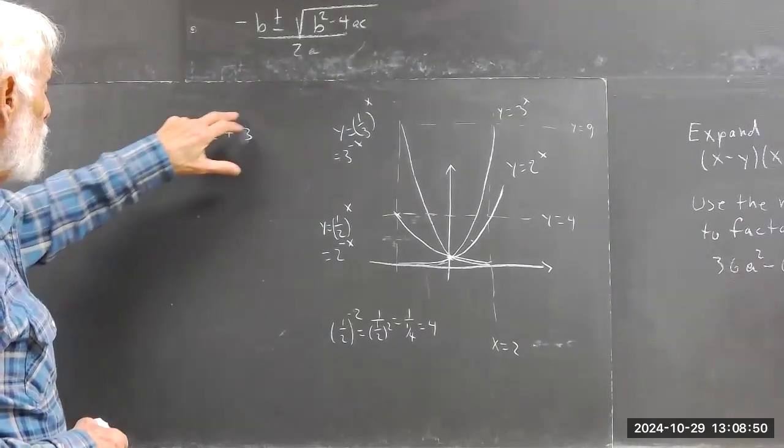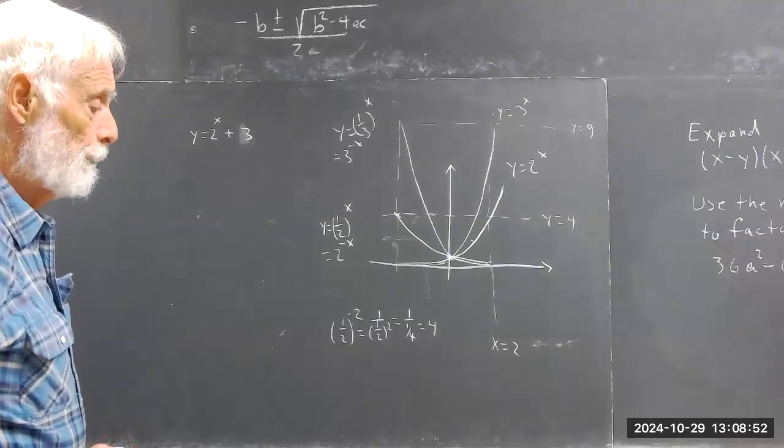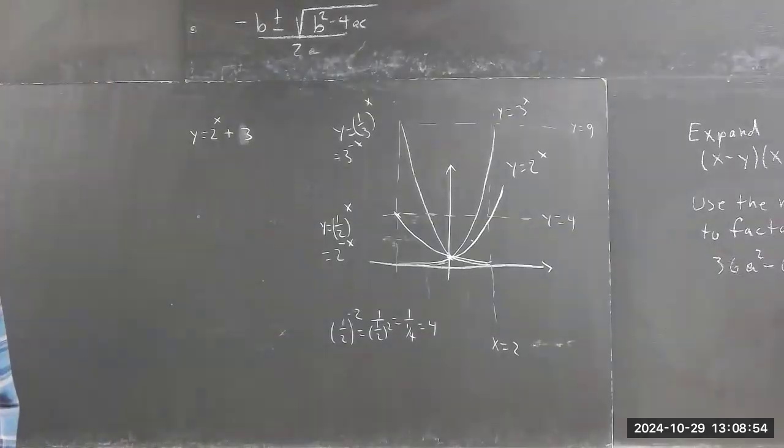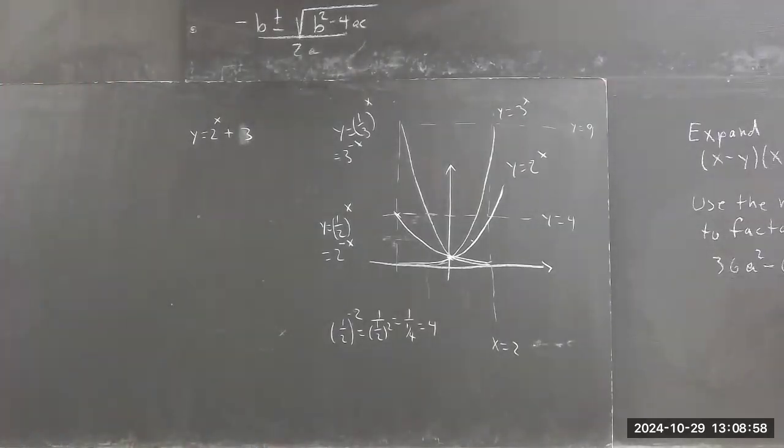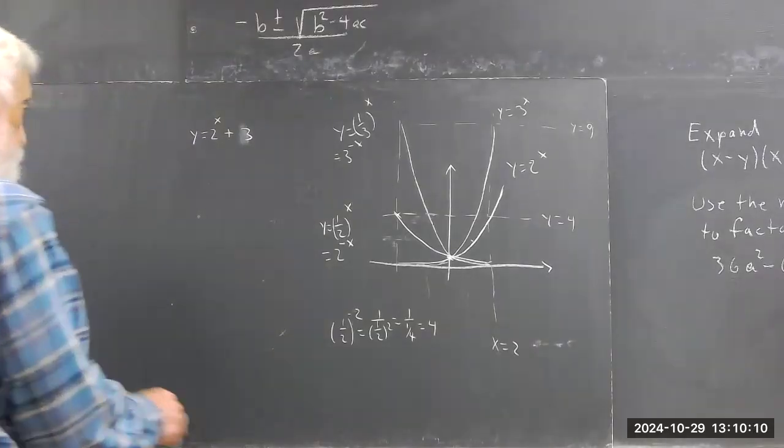Okay, anyhow, we've got y equals 2 to the x plus 3. So what's that graph going to look like? Okay, let me show you.